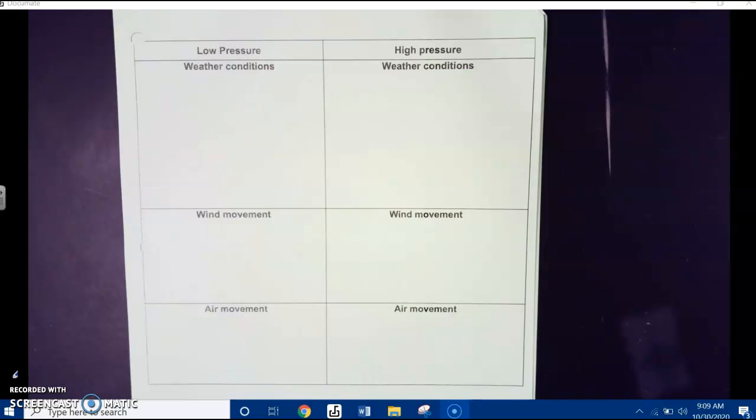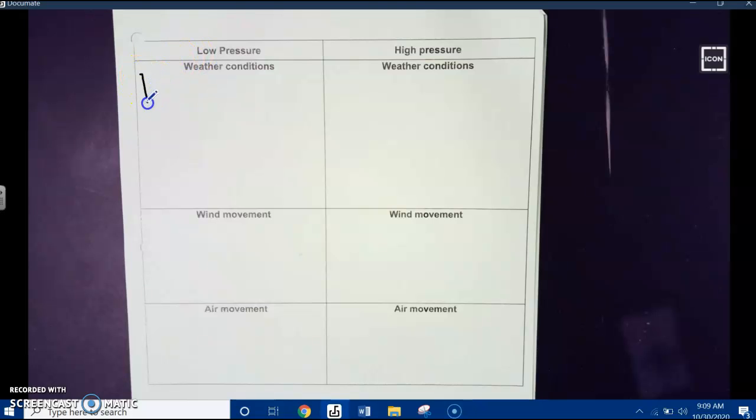So for low pressure, we're going to say that it's low and wet. So that means that most of our weather is associated with low pressure systems. So typically low pressures are cloudy.